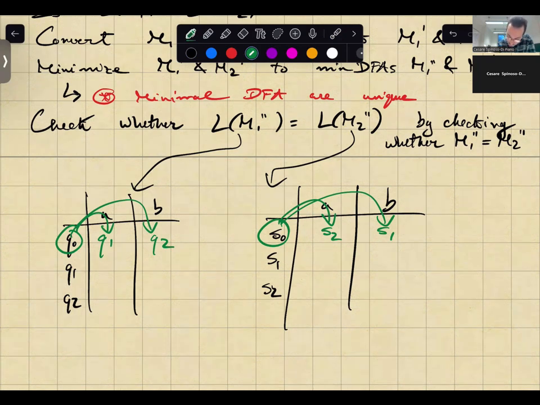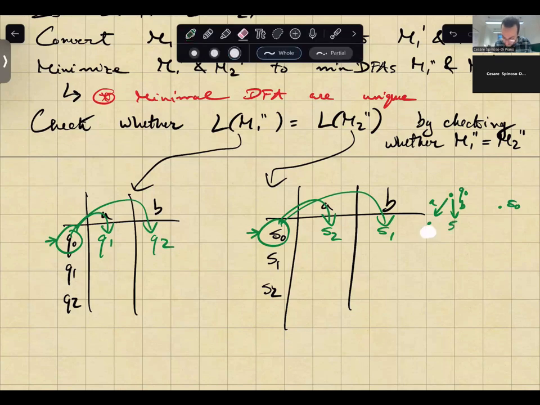So you have a Q naught and you have S naught. I know what the start states are, so the start states are Q naught and S naught. These two definitely have to be paired. Then A goes to Q1, and B goes to Q2 for the left table.